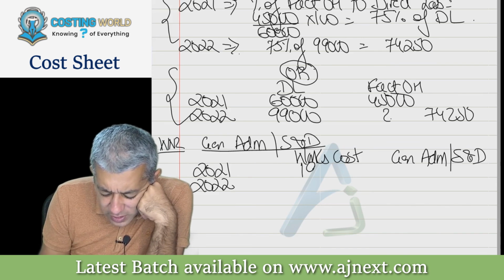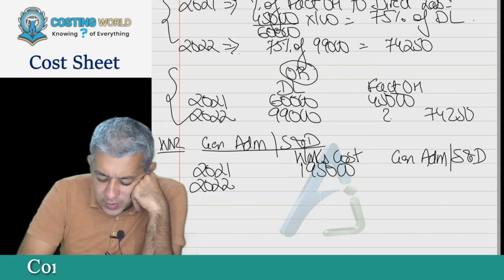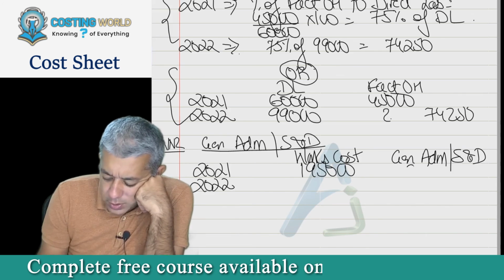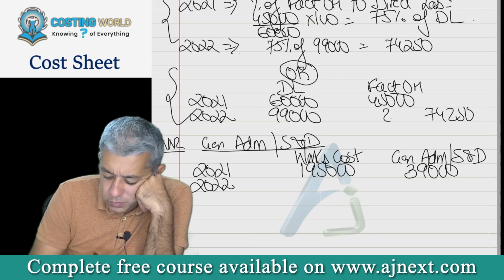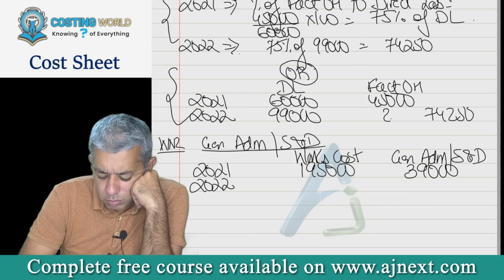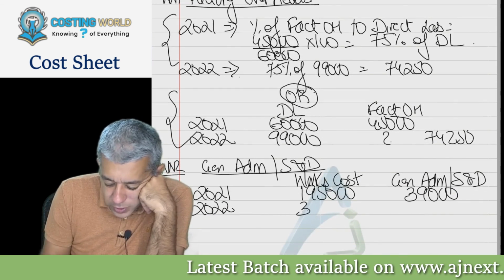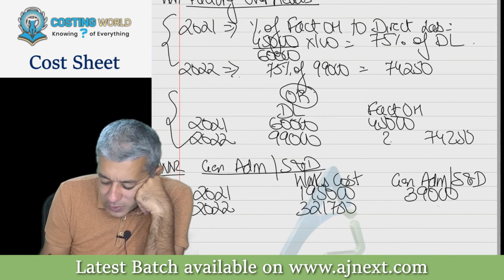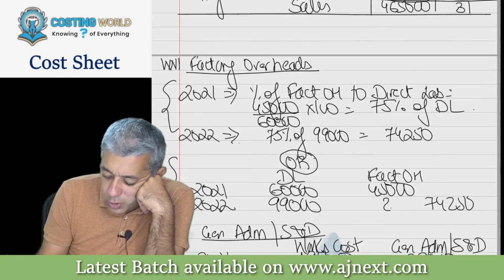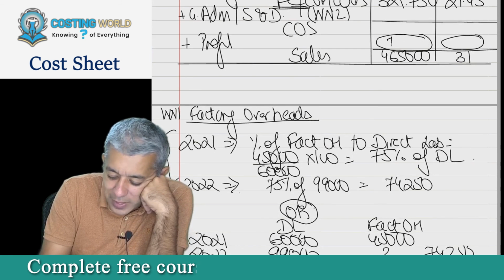I guess this figure in the last cost sheet was 1,95,000. This figure was 39,000 in 2021. In 2022, the new figure has become 321,750. Please put this figure in your cost sheet and get your profit as a balancing figure.